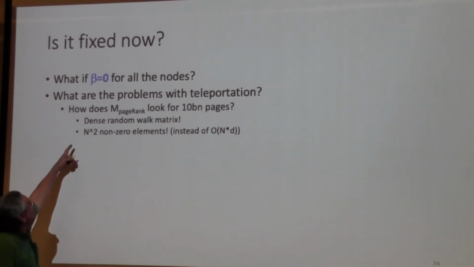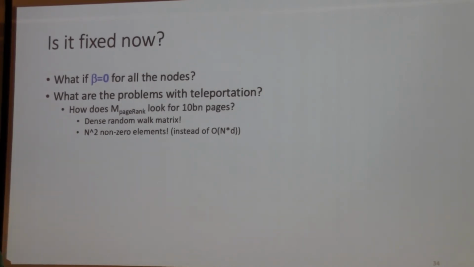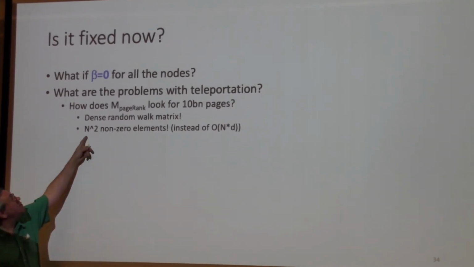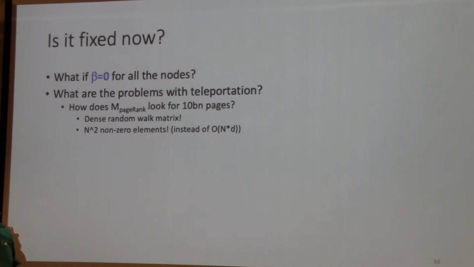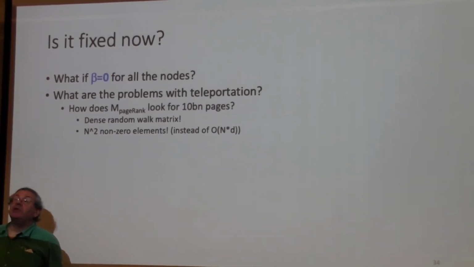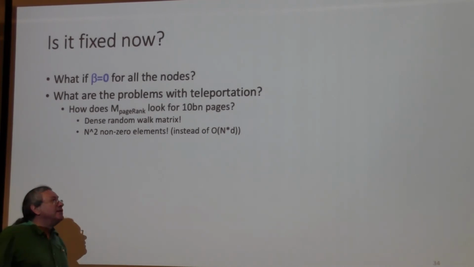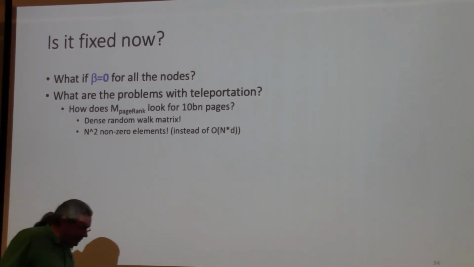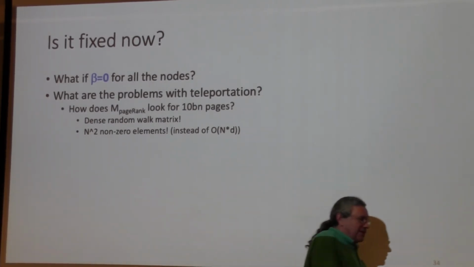The random walk matrix is dense. That means most of the entries are non-zero. You have n squared non-zero elements. N is equal to 10 billion. That makes 10 to the 20th elements that are non-zero. That's a lot, and I don't think there's any computer that can compute that.